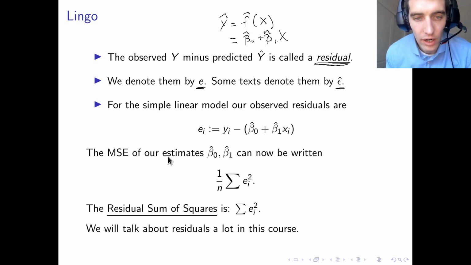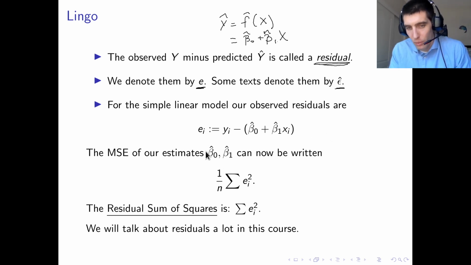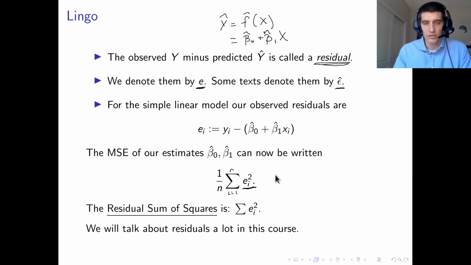The mean squared error of our estimates we can write as this empirical mean squared error, because I have a 1 over n. I'm taking a sample here. We're summing over our residuals, as a summation over n observations.